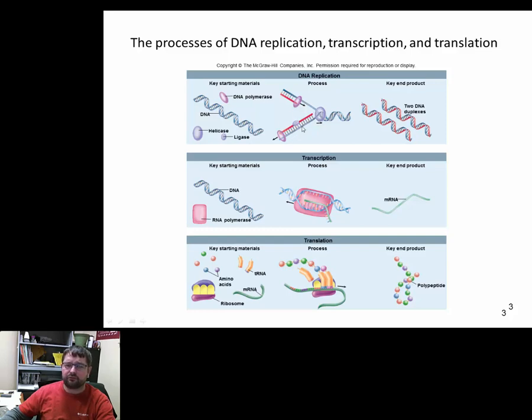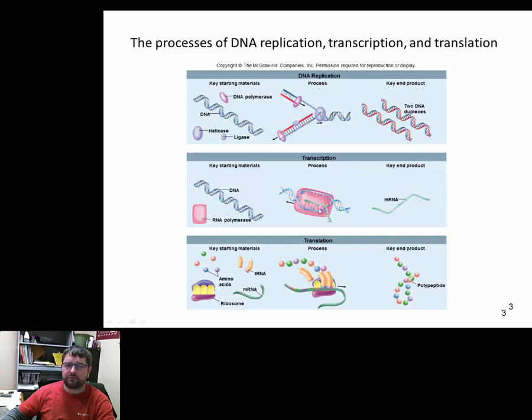You're using ligase to reform the Okazaki fragments. DNA polymerase III is laying down new nucleotides. So you've copied your DNA. Okay? Let's say you're in need of certain proteins. So then the transcription process can work. You can choose a single section of your DNA, which we call a gene.